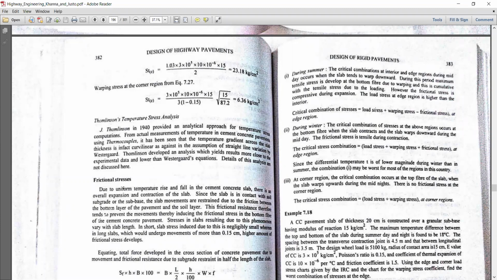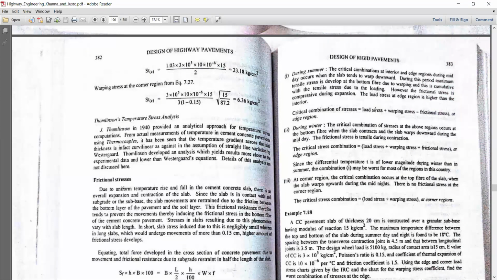Because of warping downward, there will be more friction between the slab and the subgrade layer. Hence I neglect frictional stress. By neglecting frictional stress, I can calculate only load stress plus warping stress, because there will be minimum frictional stress developed between subgrade and concrete slab at the edge region.